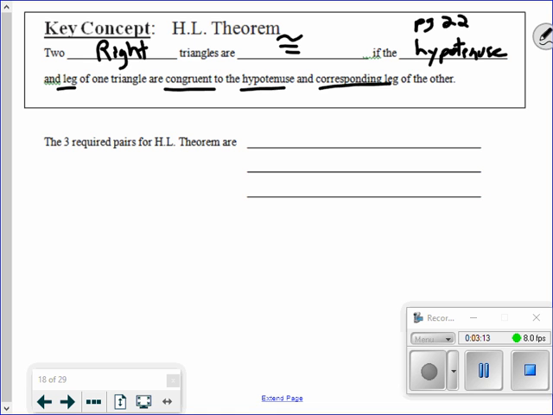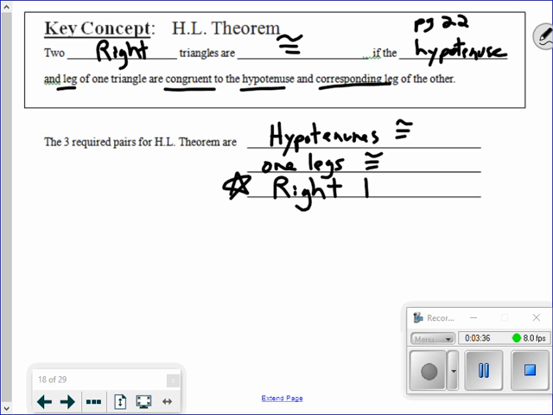Okay, so this doesn't show up as much, again, specific to right triangles. So we have to have hypotenuses congruent. One of the legs is congruent to the other triangle's corresponding leg. And the one that people forget is that you have to say that this is a right triangle. After you have done that, you can say that triangles are congruent because of the hypotenuse-leg theorem.